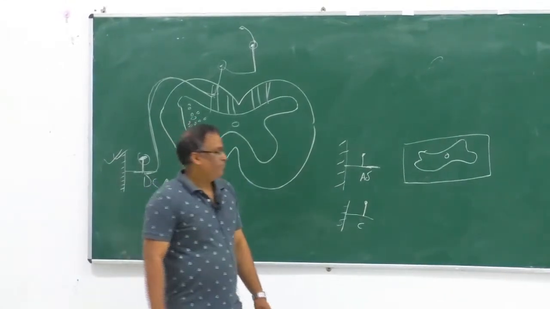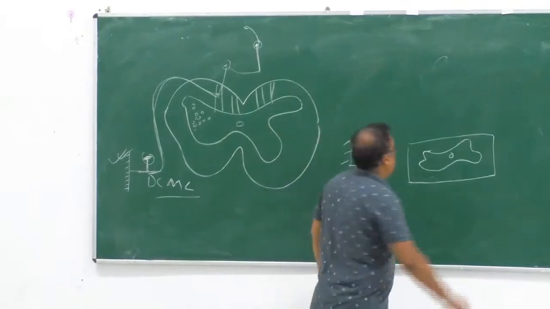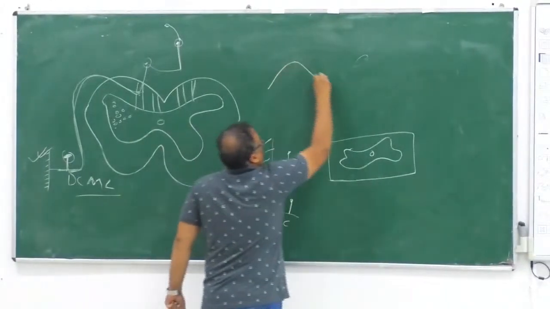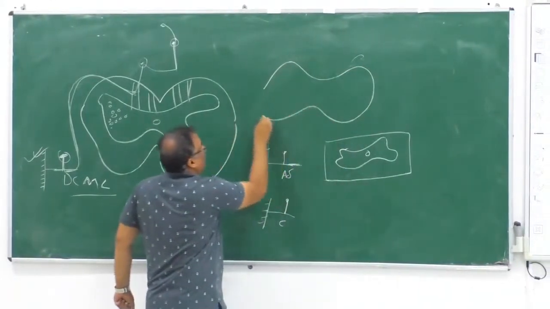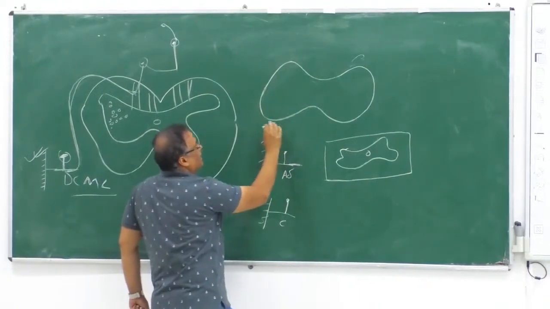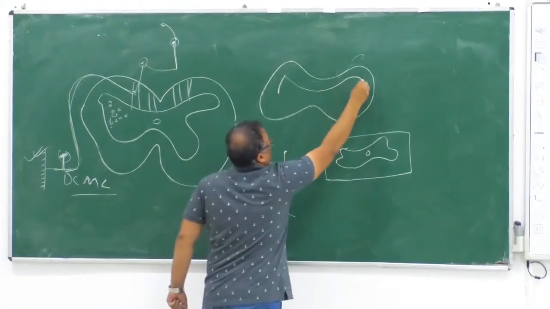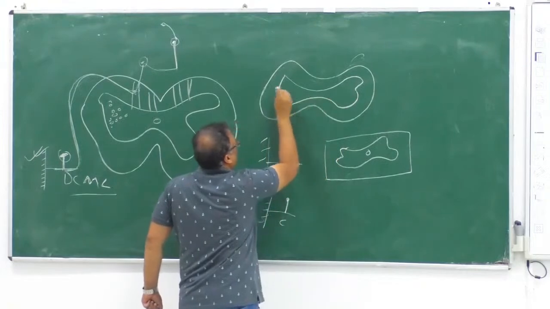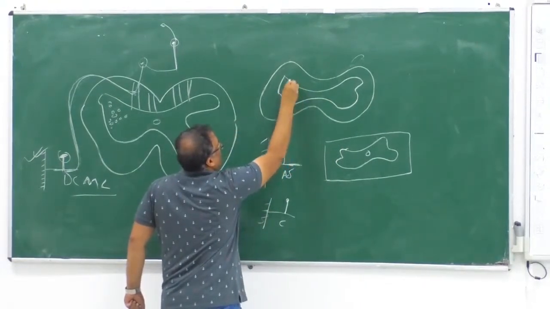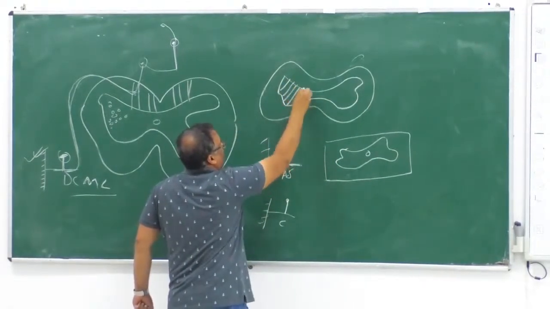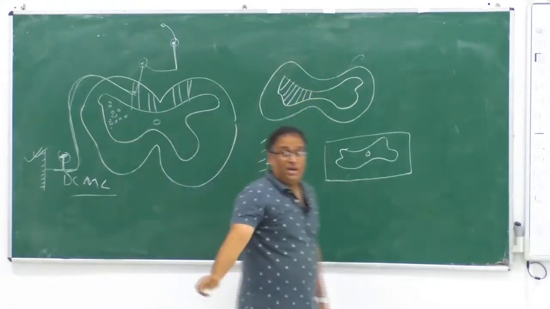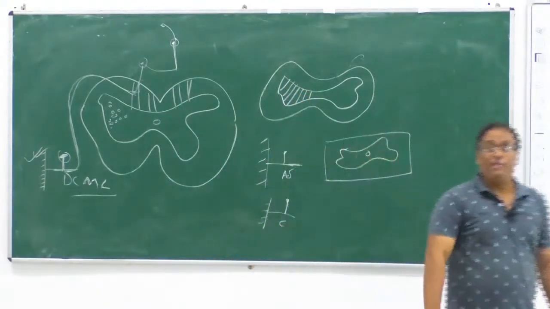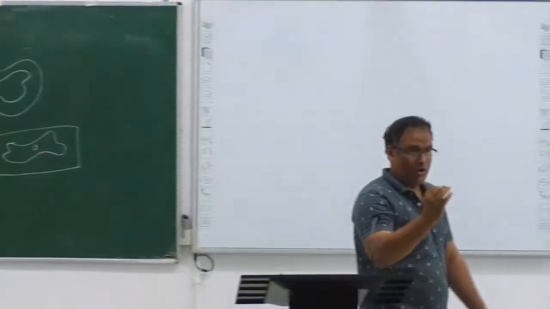Where will it come? To understand that, suppose I draw the gray matter here. This is the gray matter, and this gray matter is divided into Rexed laminae. Homework: Rexed lamina means the dorsal horn is divided into 10 parts or segments, Roman numerals 1, 2, 3.